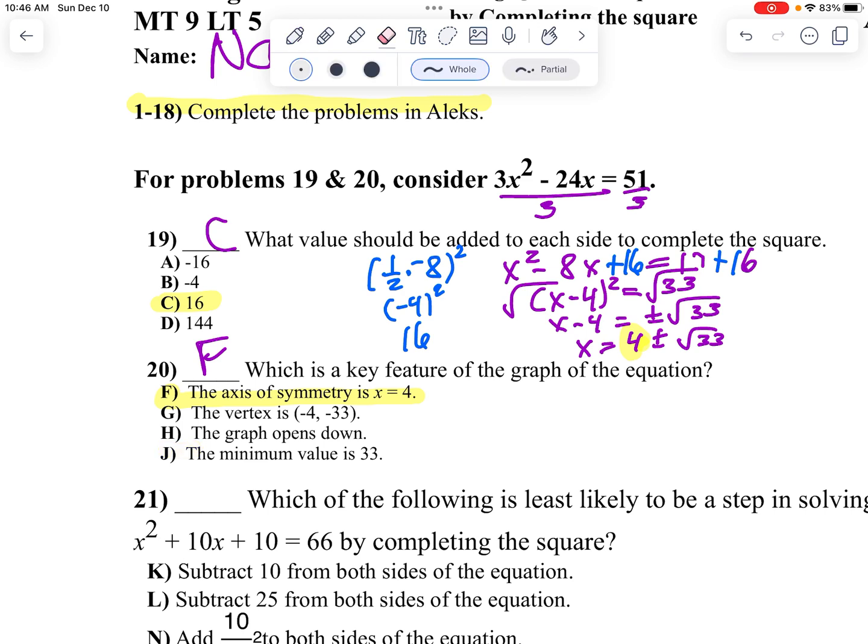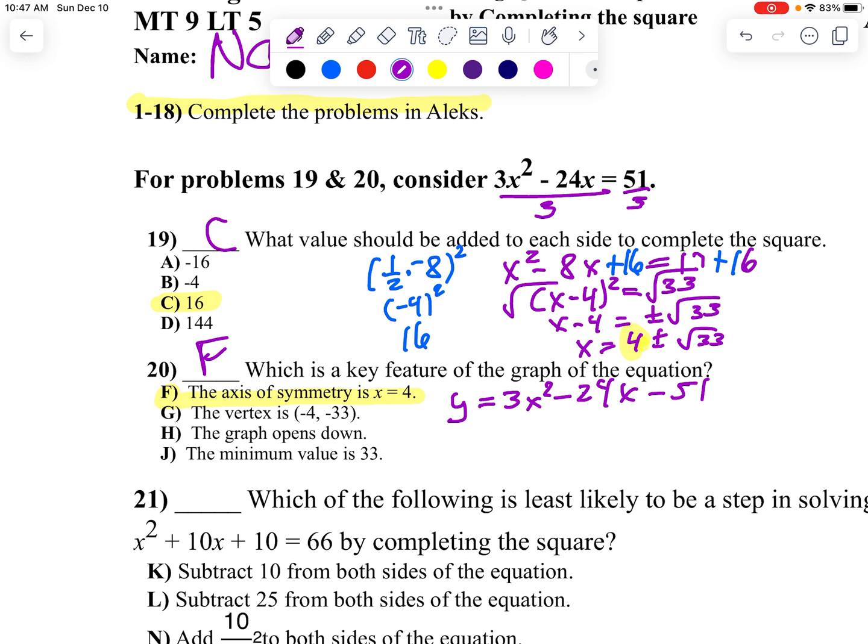If I wanted to better explain this, now I think about it. Okay, so I'm going to go back here. I'm going to write this in standard form. So y equals 3x squared minus 24x. Got to move the 51 to the other side, so minus 51.